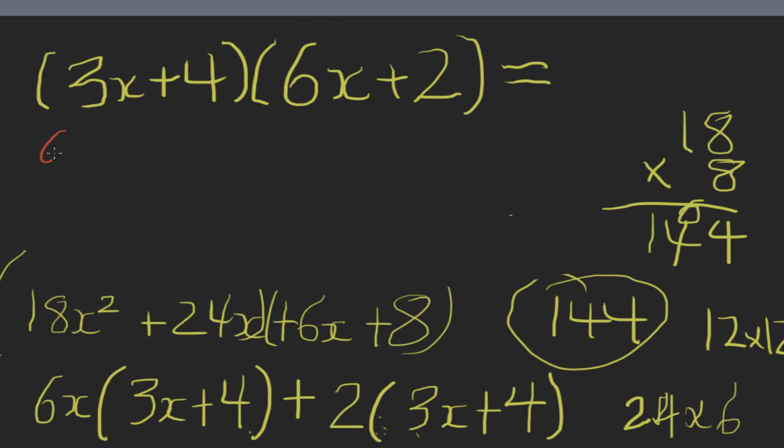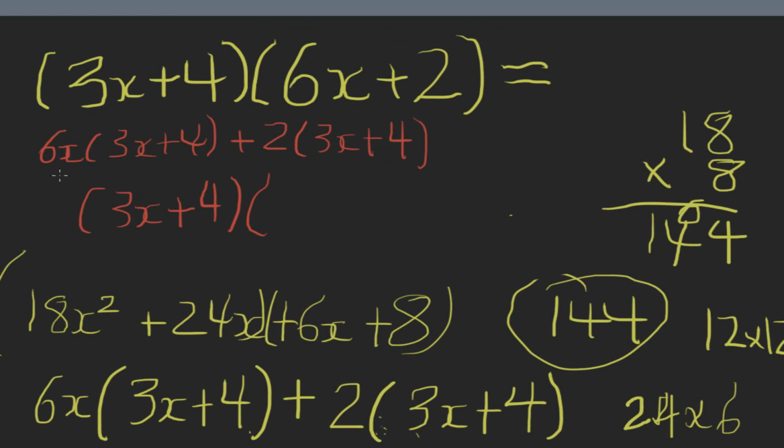So 6x times 3x plus 4 plus 2 times 3x plus 4. Well, we have 3x plus 4 on both sides, so one of the brackets is 3x plus 4 and the other will be 6x plus 2. And as you can see, that equals our original double brackets.